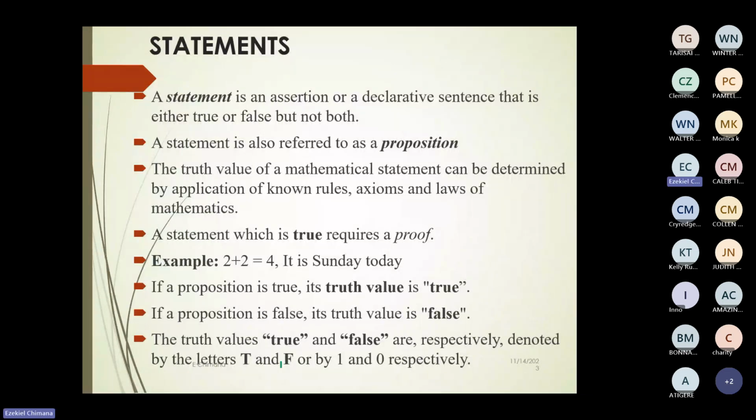You need a proof. Is today a Sunday? No, it's not a Sunday. So the statement is false. Is 2 plus 2 equal to 4? Yes. Hence, the statement is true. And we can call each of these a statement, because each has a truth value of either true or false.